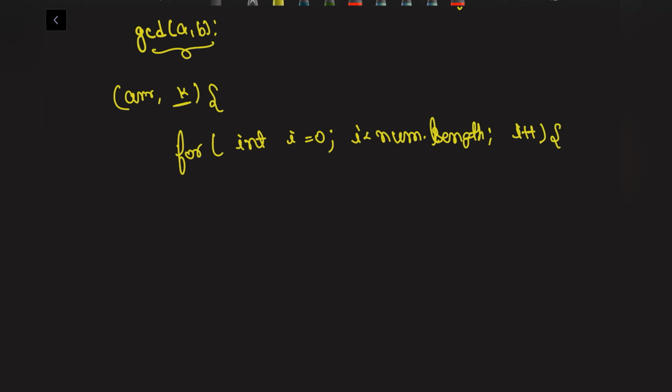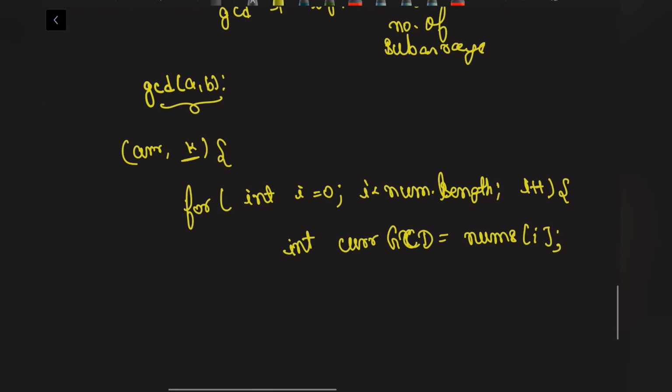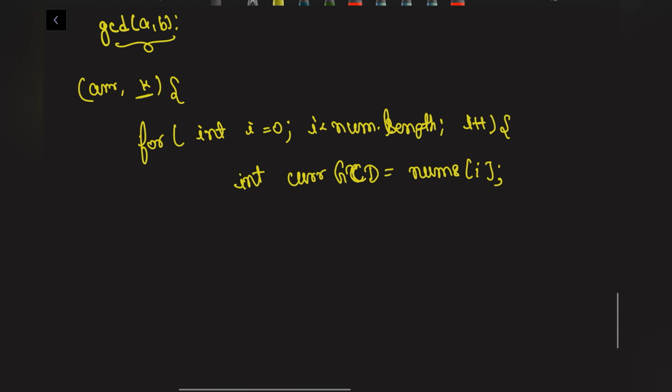The first element we get, we store as the current GCD. My current greatest common divisor is nums of i, because I am getting the element at the ith position. The GCD of one number is the number itself.